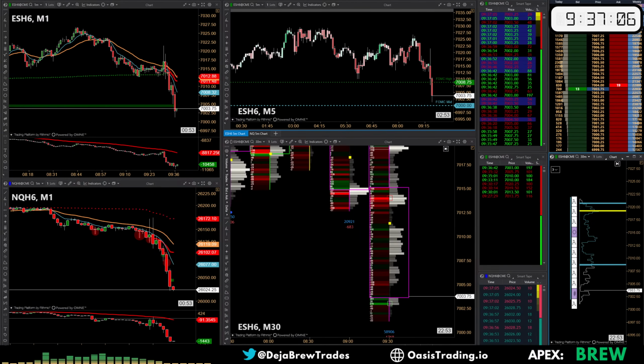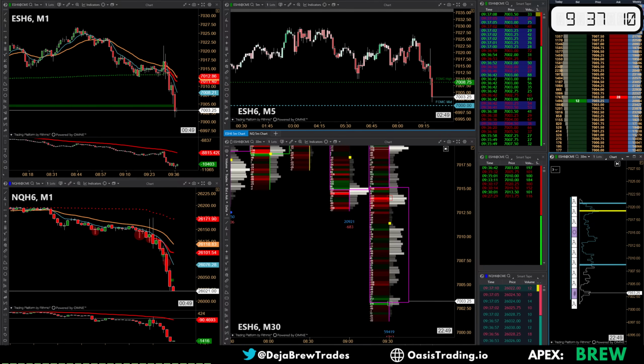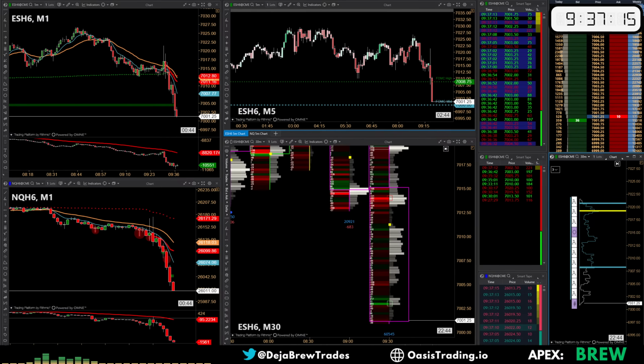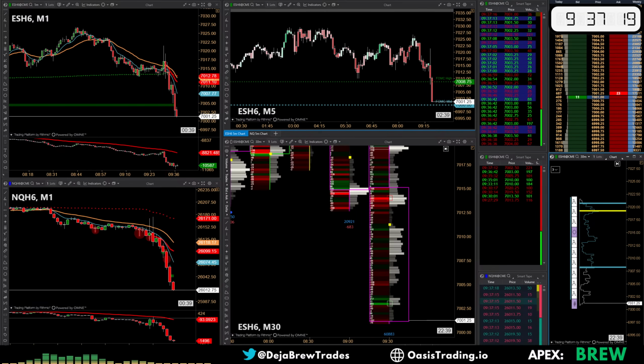And here comes that value retrace target on ES back to 97. Very strong sell-off on NASDAQ, probably mostly due to Microsoft, the other tech companies as well.